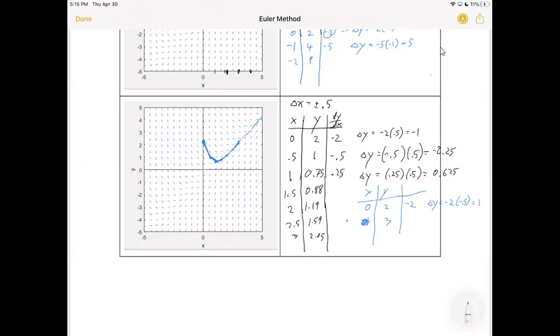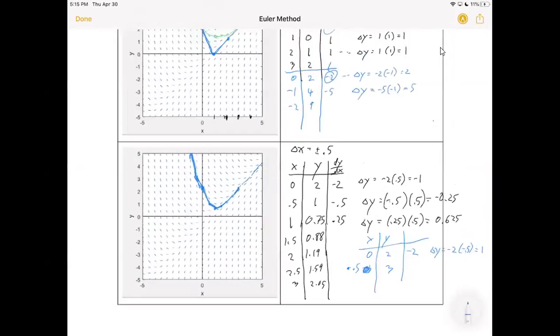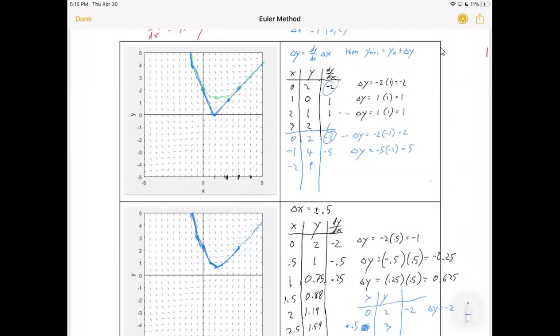So by the time we're at -0.5, we're up around 3, which is right about in there. And then the next step, I think, will take us right up to the top of the screen, something like that. So you can see this is much closer to the curvy path that we thought we would get. If we want to get closer, we want even smaller increments.